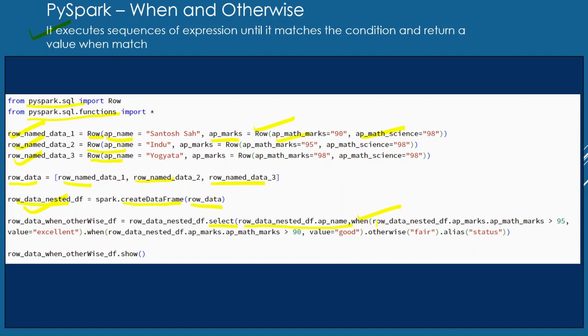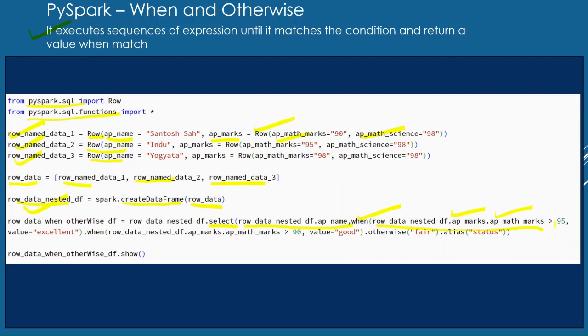In the when function we are passing a column name, ap_marks.ap_math_marks. This is a struct type column, and from this struct type column I am selecting the field ap_math_marks.